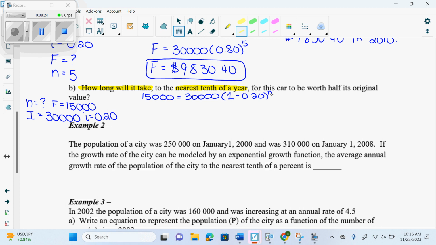If you have both the final and the initial, you always divide your initial over as your next step. Every single time. So whenever I have the final and the initial, I divide it over. And I get 0.5 equals 0.8 to the n.